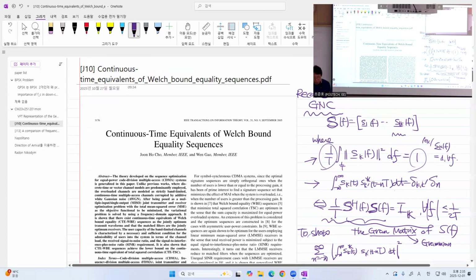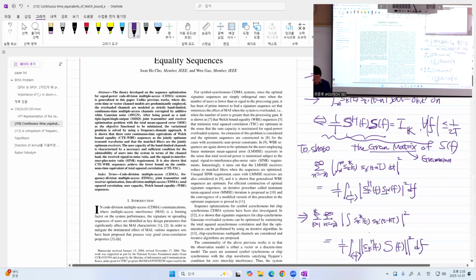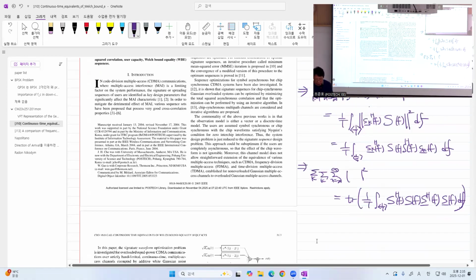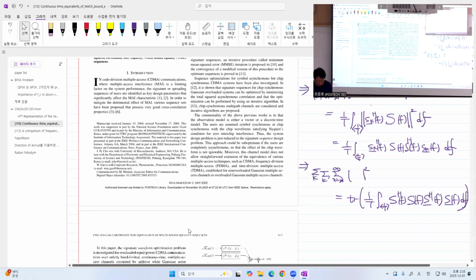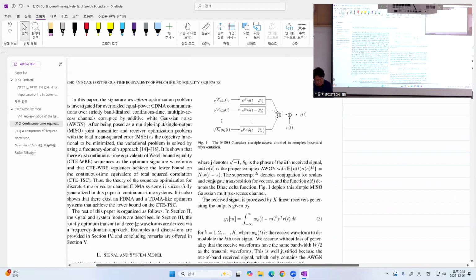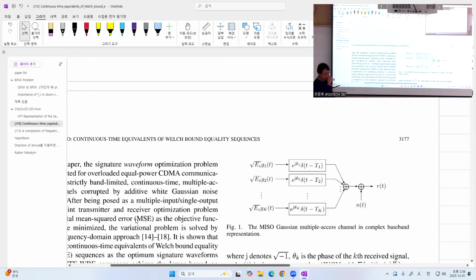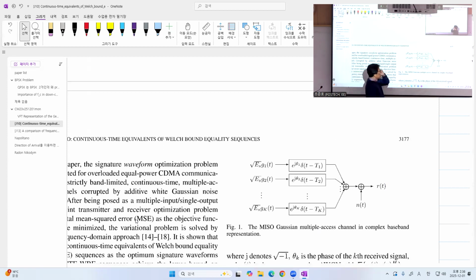Now, this is too messy. So let me give you a signal model used in this paper. Very simple. I really love simple examples.